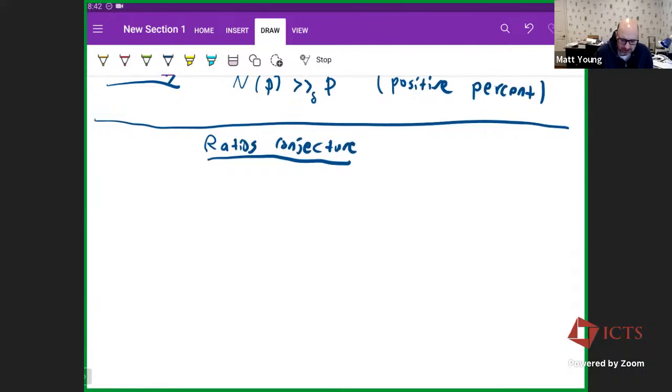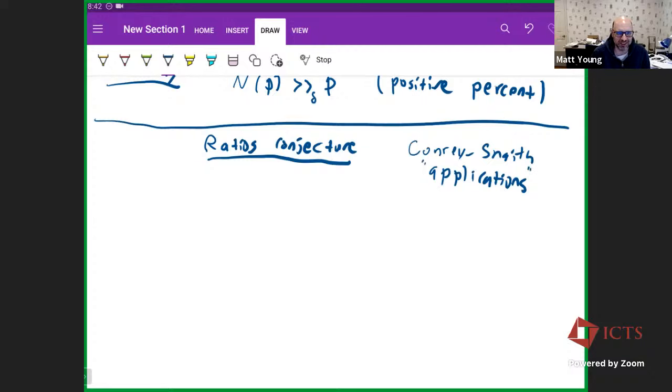The ratios conjecture was developed in a paper whose complete list of authors I'm having trouble remembering, but there's a paper of Conrey and Snaith, which I think is called Applications of the Ratios Conjecture. That's the paper you want to look at. Something about applications is in the title, and I'm just telling you how to Google.